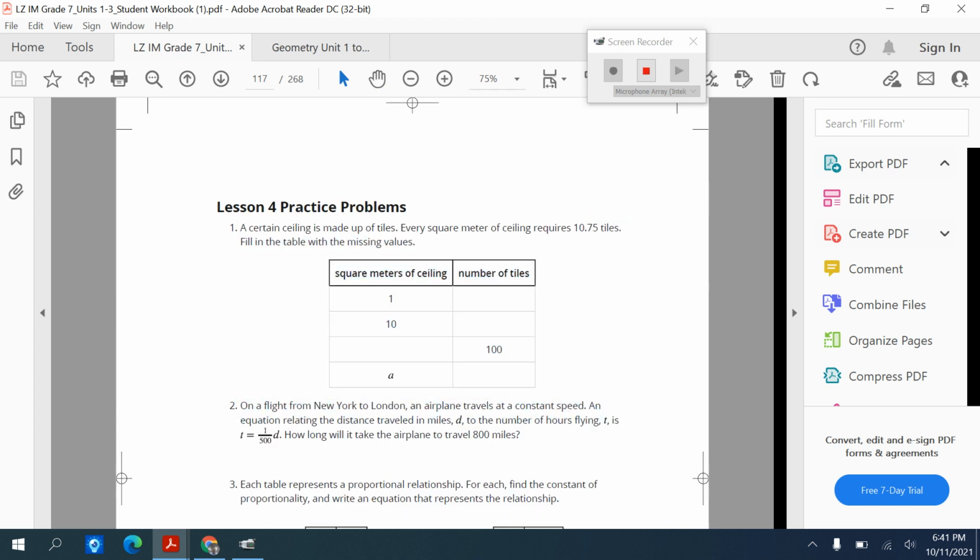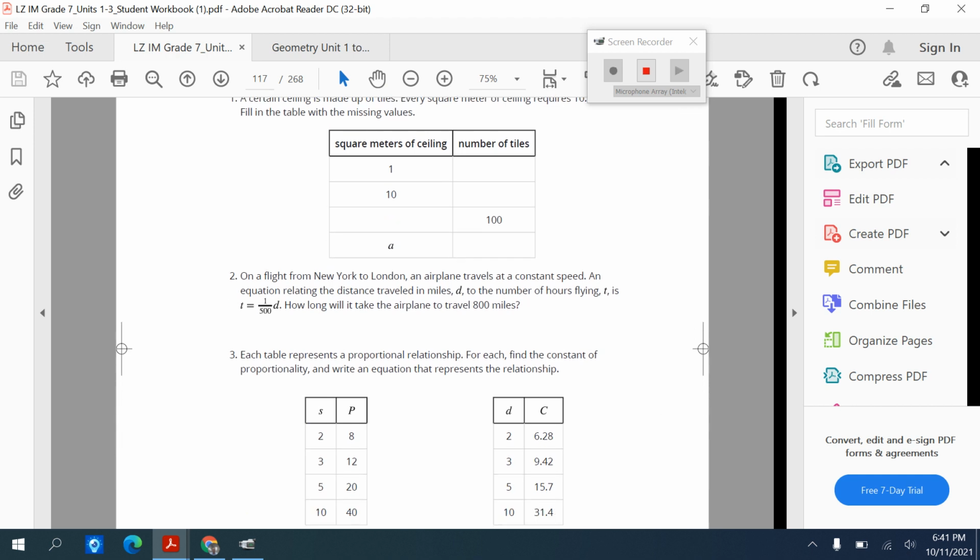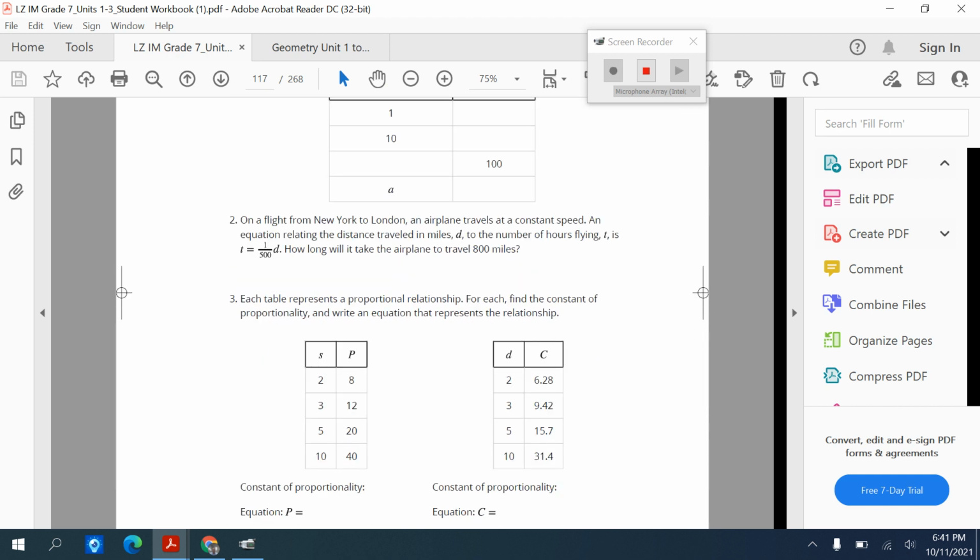All right. So number 2, on a flight from New York to London, an airplane travels at a constant speed, so same speed. An equation relating the distance, D, is the distance in miles. So if D was 70, it would mean I went 70 miles. And the number of hours flying is T. How long will it take the airplane to travel 800 miles?